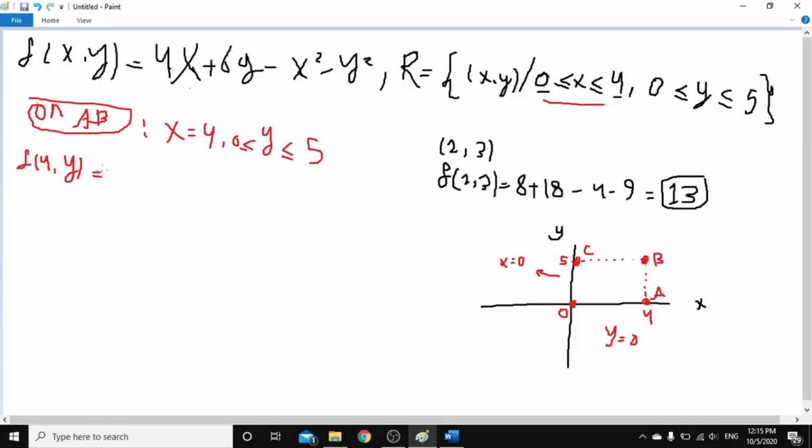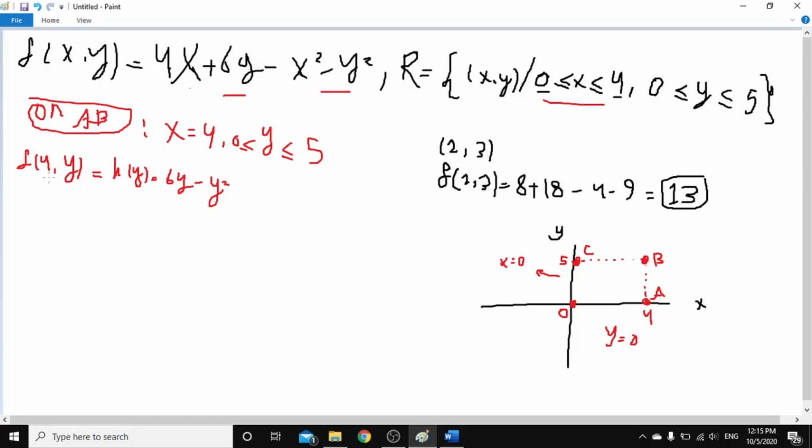Then let's name for example this equation h, h of y, then it's going to be equal to 6y negative y square.